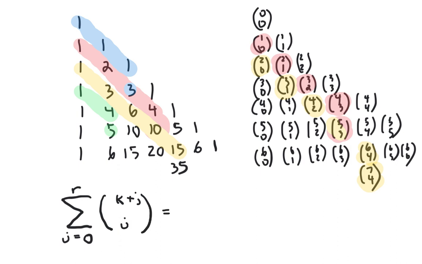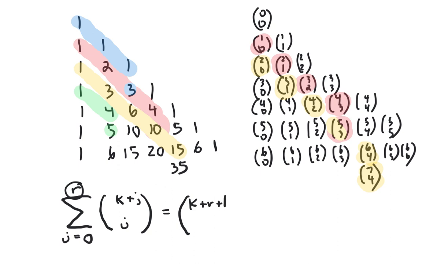And the sum of those, what's that going to be? You can see down here, we're going to have one more than our last number. So that's going to be our last term as we go all the way up to r. So it's going to be k plus r, and we're going to have one more than that. So it's going to be k plus r plus 1.